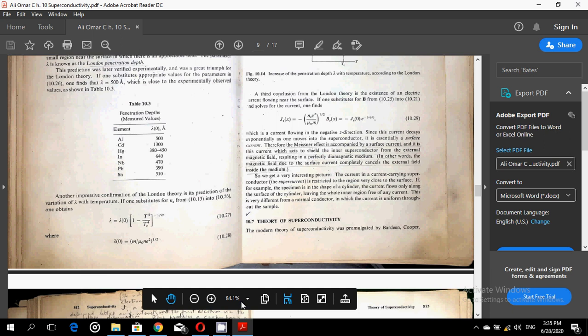So, starting from the first principles and employing a completely quantum treatment, the theory explains the various observable effects such as zero resistance, the Meissner effect, etc.